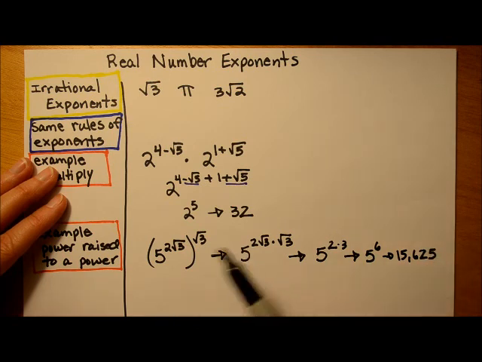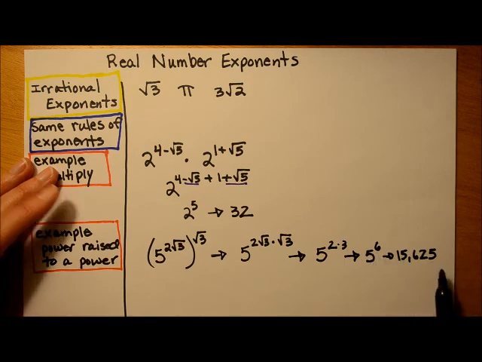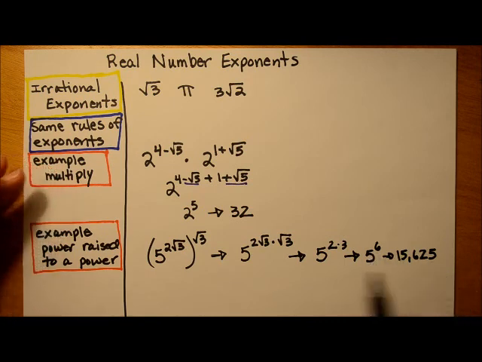So you're going from a power to another power, we multiply, simplify, and then use the calculator to get that number. That's an example of a power raised to a power.